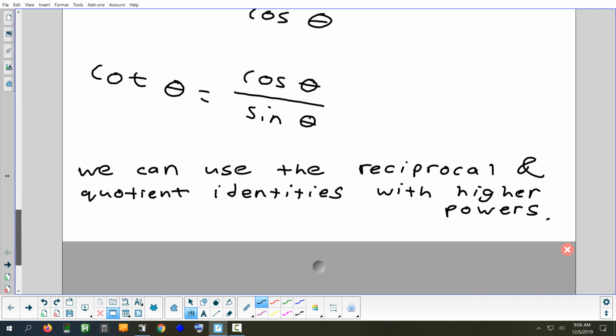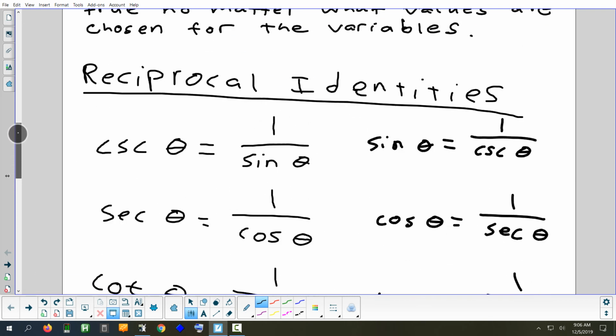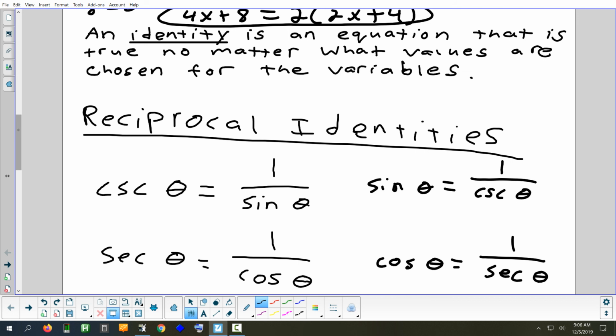So all those identities that we just wrote, technically they're all to the first power. We didn't write that. But if we go back up, this means cosecant to the first power, sine to the first power. When you put a power on a trig function, that's where you put it.